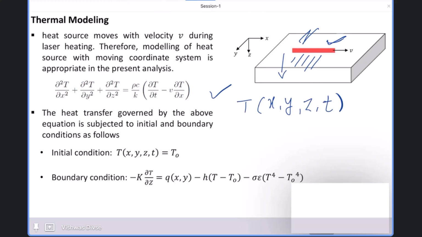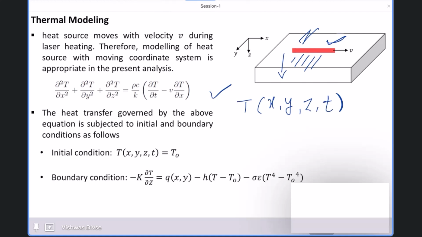Because it is moving, the whole process is dynamic. With the time, your temperature distribution will vary inside the workpiece. So that's why we have taken the 3D transient conduction equation. That is a very famous, well-known equation.